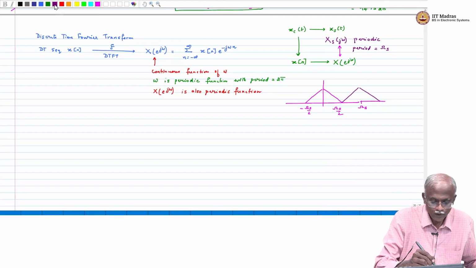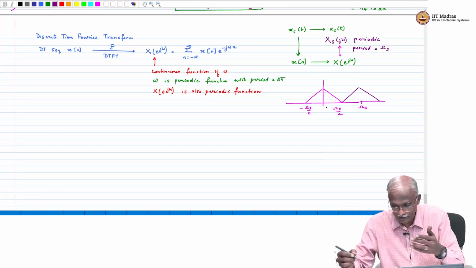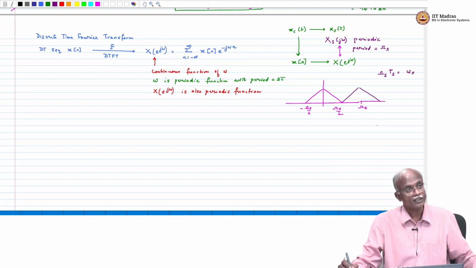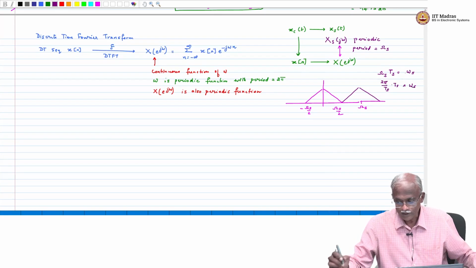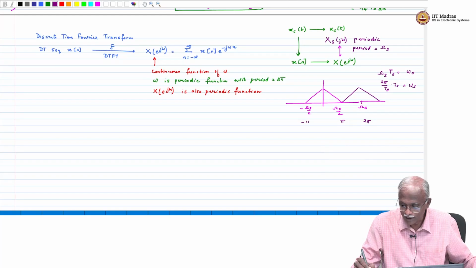Now if I look at it in the discrete time domain, the conversion is ω_s times T_s equal to the discrete time frequency. So what is this? This is 2π/T_s times T_s, which is 2π. So this will become π, and this will become minus π.